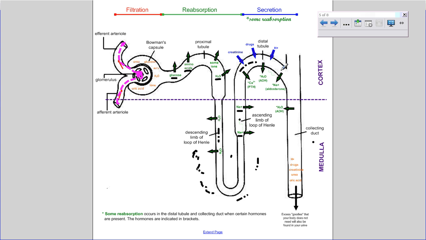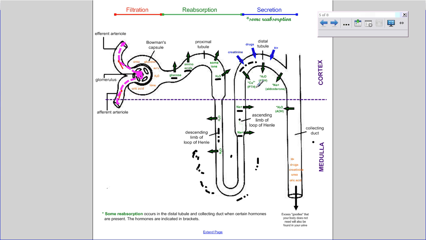I'm saying special because it's only going to happen under certain conditions and only if certain hormones are present. Okay, so they are indicated here. Green arrows are showing all the reabsorption that's happening. These ones are indicated with a little star to the left of each of the things that are being reabsorbed. And in brackets, it's indicating which hormone.